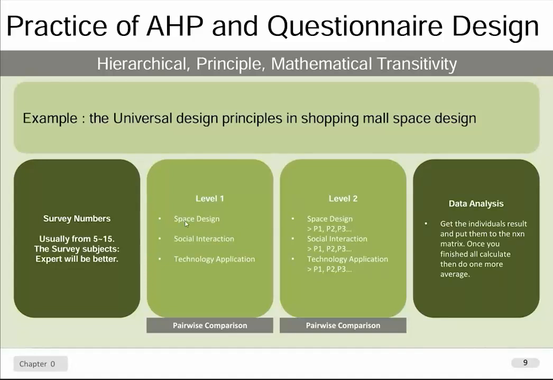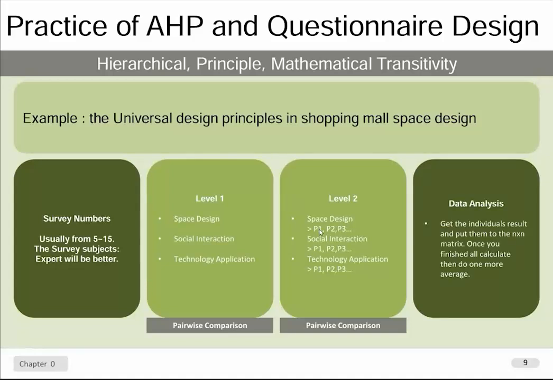If you want to know the final weight for every detail element, you can multiply these two. For example, this one is 0.3, this one is 0.1, this one is 0.2, and you can multiply this number to the P1, so that will be the final weight for every element. You will know which one is more important, which one is secondary.